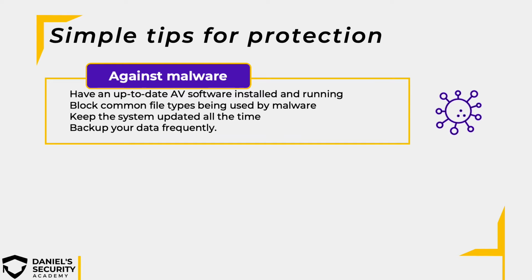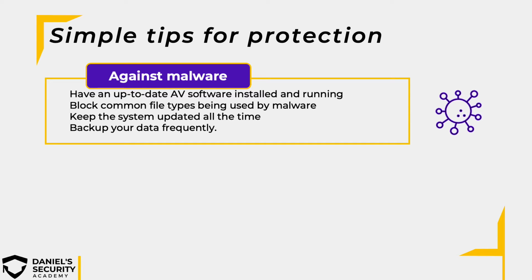Against malware, one tip is you should have up-to-date antivirus software installed. I really don't care what you're using. If you use just Windows Defender, or a standalone solution from, I don't know, McAfee, Trend Micro, Symantec, Kaspersky, you name them. I don't care, but have it up to date, which is one of the most important things.